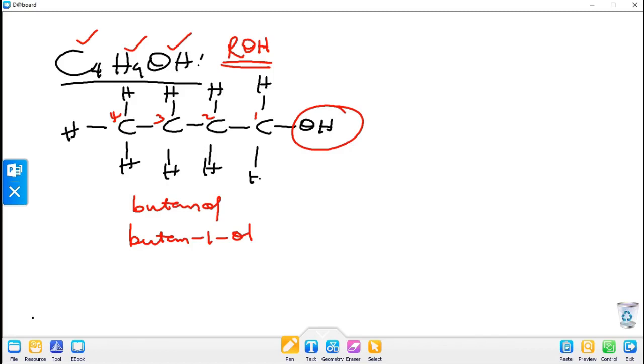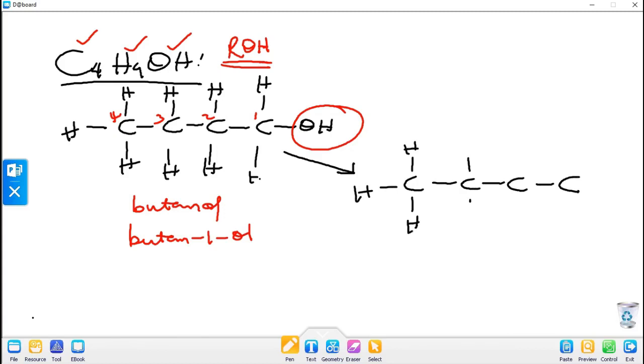That is what we are trying to do. So let's try to move that compound. So this is C, C, C, C. And we have H, H, H, H, H.